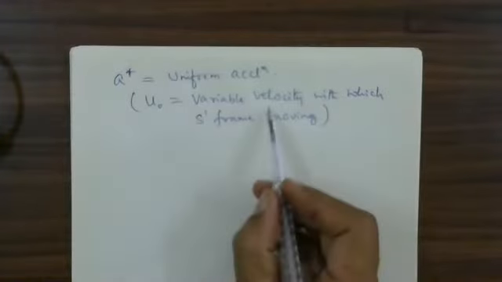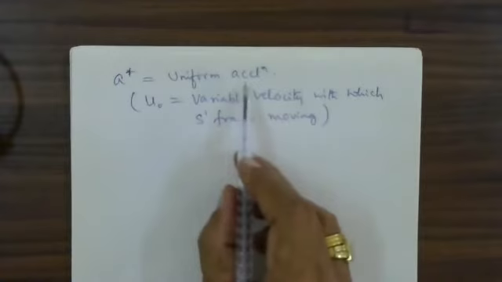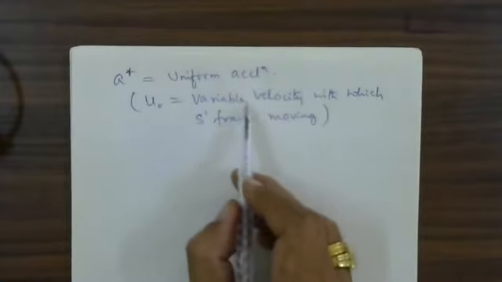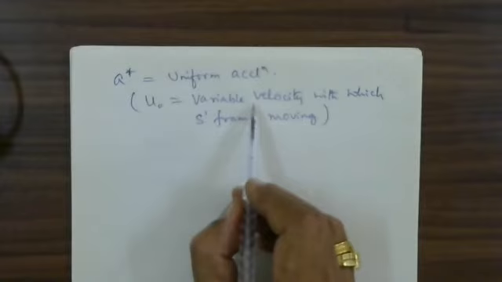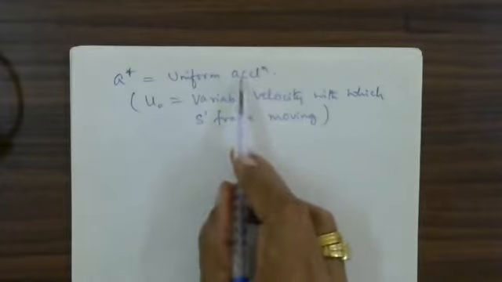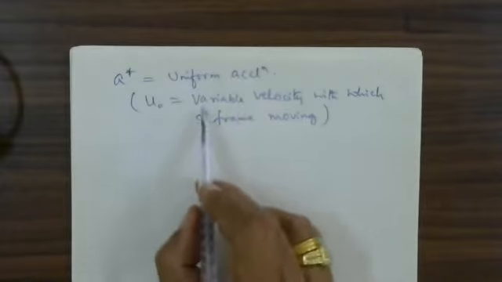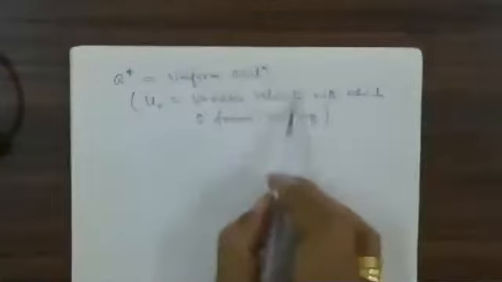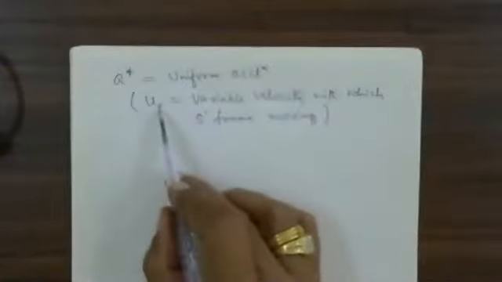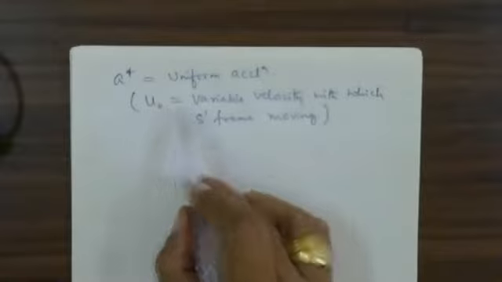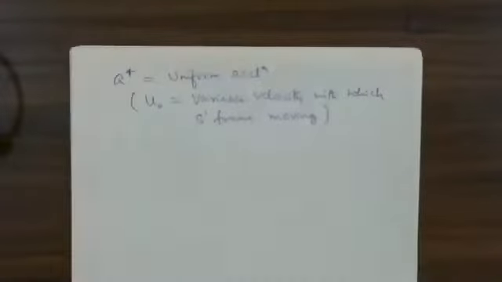If there is no change in the velocity, there should not be any acceleration. If there is a change in velocity, there is an acceleration. Don't forget, first PU concept. That variable velocity, I will take it as u0, with which S dash frame is moving.